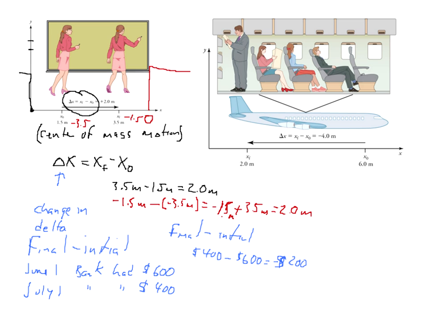So interestingly enough, it doesn't matter where our origin is, whether our origin is here or whether our origin is here, we still get the same value for delta. Her change in position was the same no matter where we start the number line.